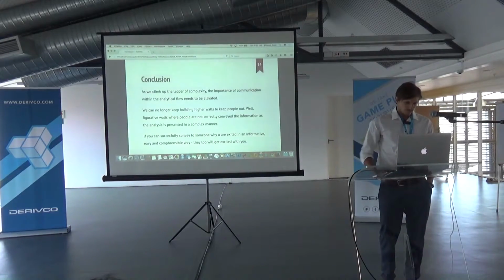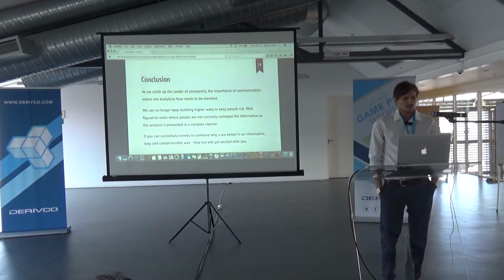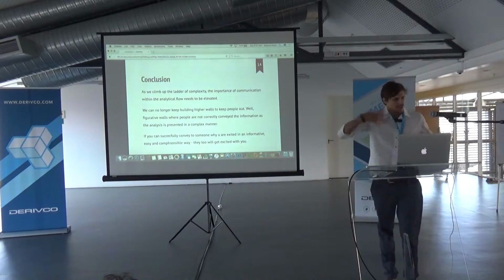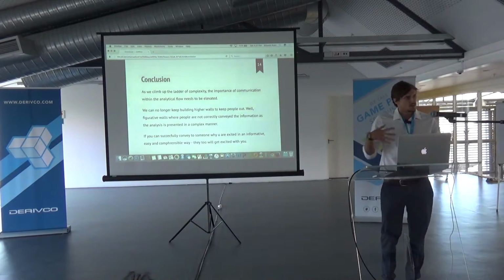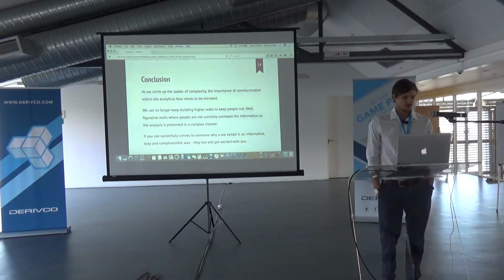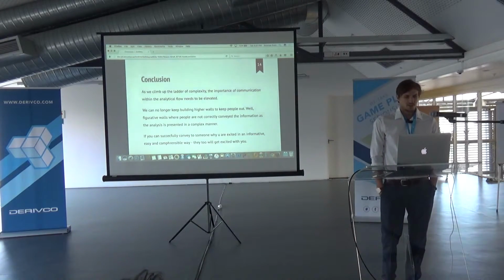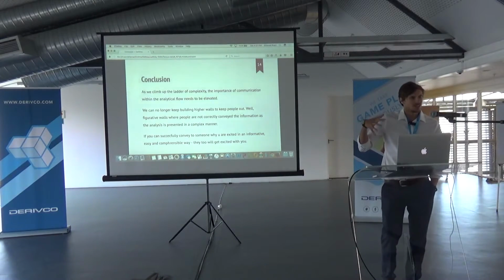I think the conclusion is that as we climb this ladder of complexity and ease of access in models, the communication part becomes more important in our workflow. We can no longer keep building these high walls of complexity to keep people out.